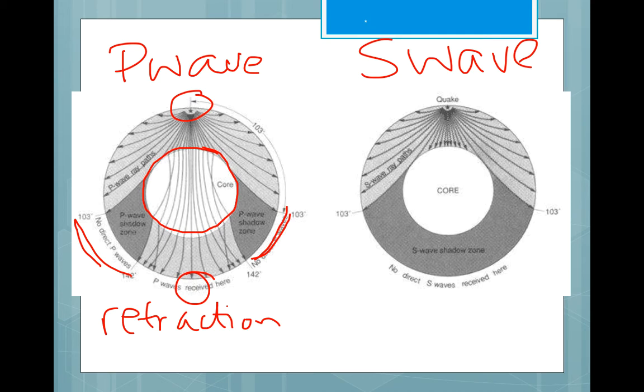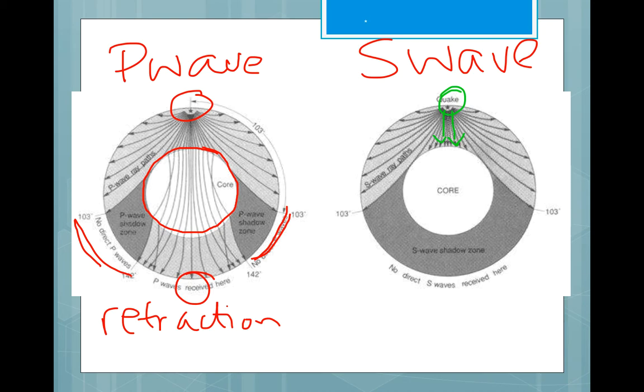S waves, on the other hand, you've got your focus, same earthquake happening here. But now, as those S waves hit the liquid outer core, they stop, because S waves can only go through solids.